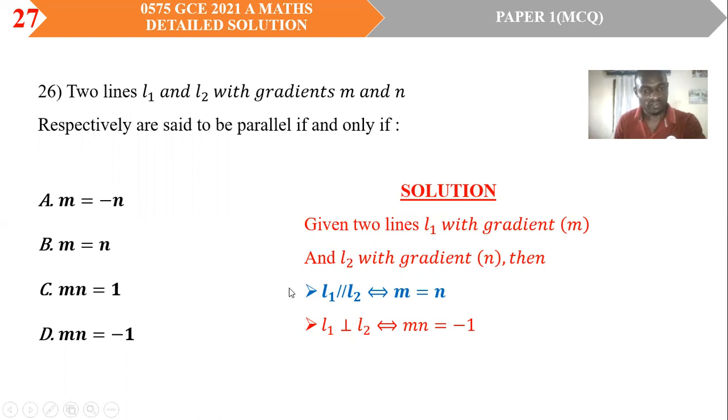Now, in this case, we are looking for the condition for which two lines are parallel. Therefore, if the gradients are M and N, then M is equal to N. And our answer in this case is B. We move to the next question.